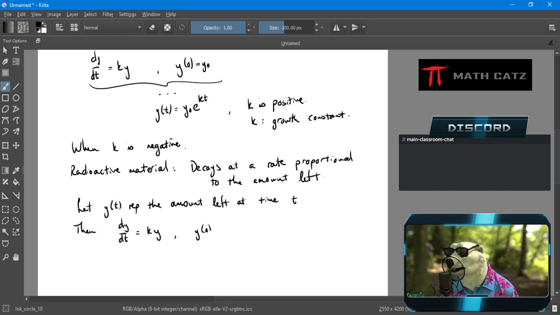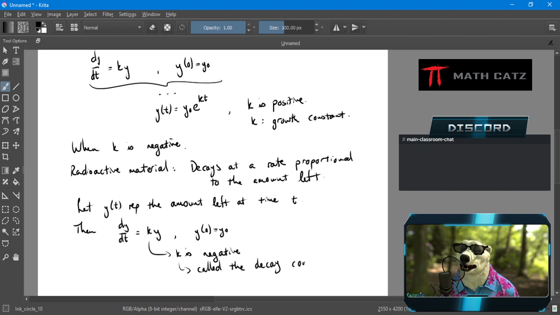And again, I want to know the initial amount. Now my k is going to be negative, and k is called, in this case, when I'm talking about an amount decreasing, the decay constant.